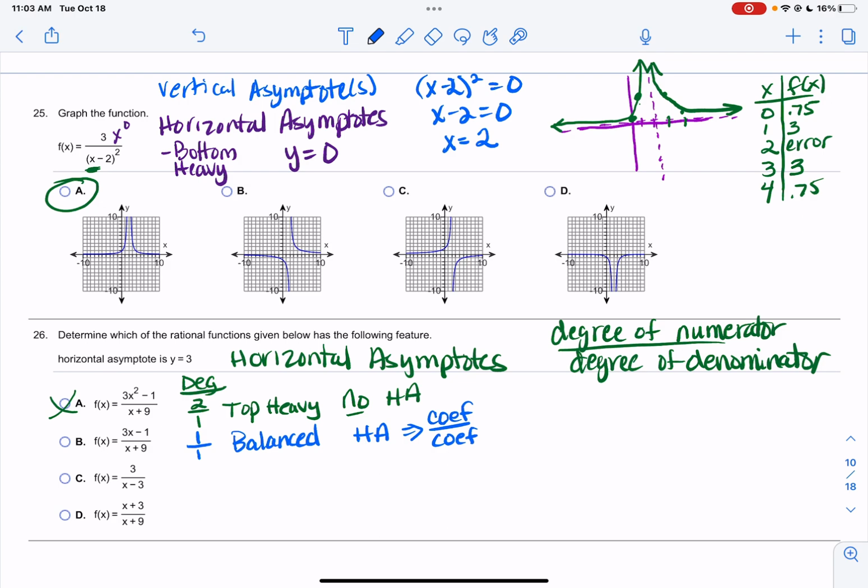The leading coefficient of the numerator is 3, and the leading coefficient of the denominator is 1. And horizontal lines are in the form of y equals a constant. So that would have a horizontal asymptote at y equals 3. That would be our choice.